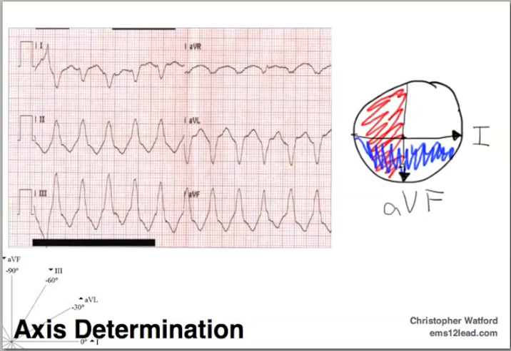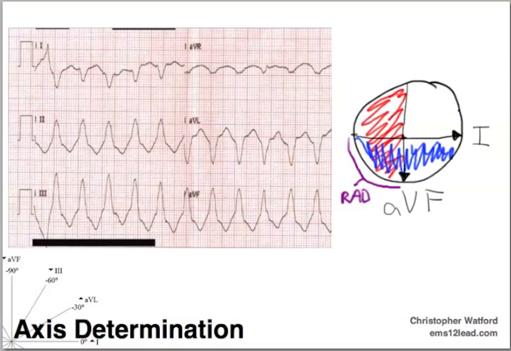And we're positive in 3, so we also know we're somewhere over in here. So we've now localized ourselves to this quadrant over here, or right axis deviation. Pretty simple strategy, isn't it? We find where we are in 1, where we are in AVF, and we draw ourselves in the quadrant.